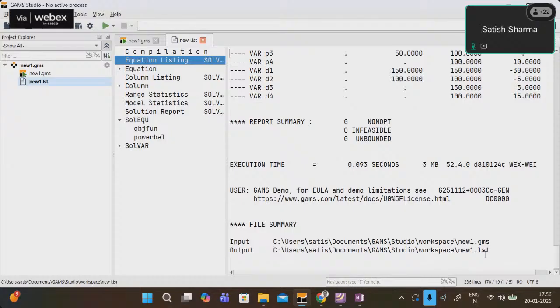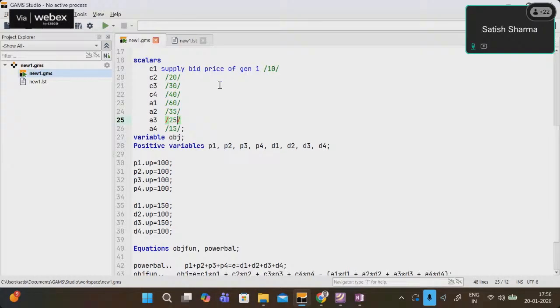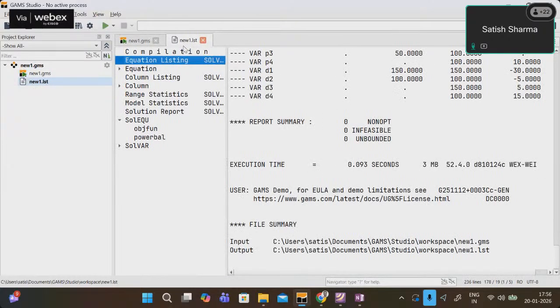Everything is here. We can export these to an Excel sheet as well, and we can import the data from Excel as well. But these two files will be provided to us, and we will basically write the code in the .gms file and get the output in the .lst file.